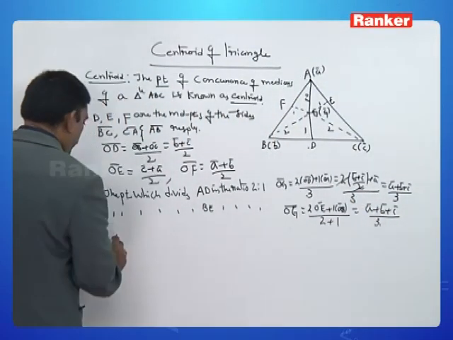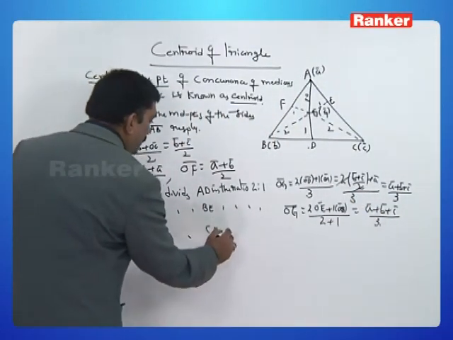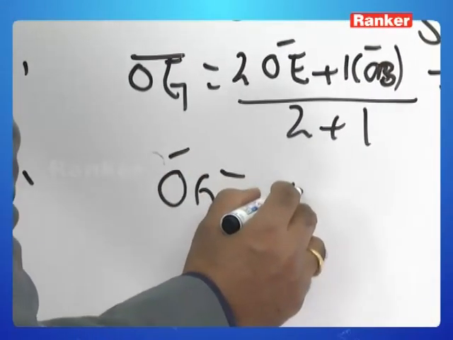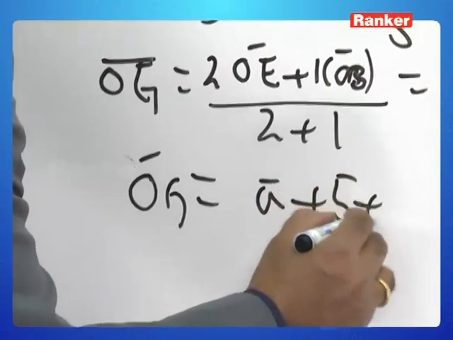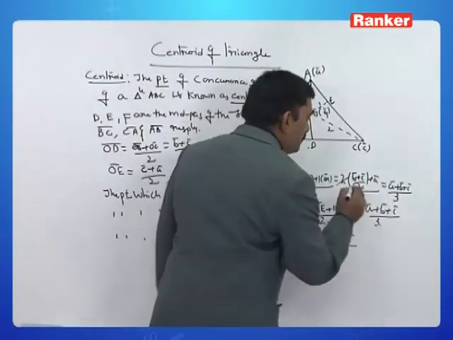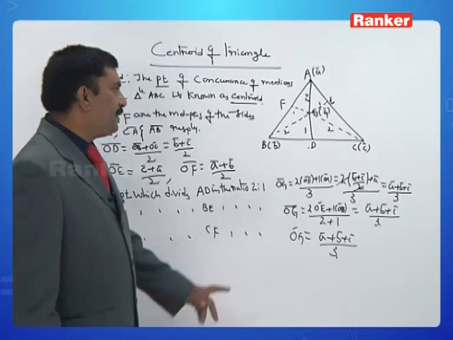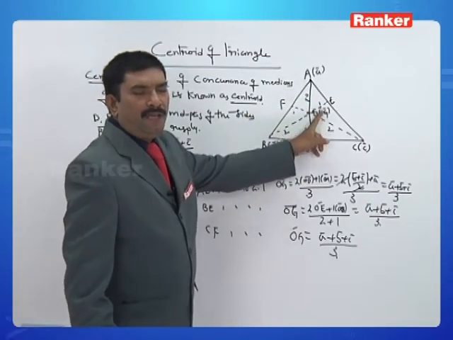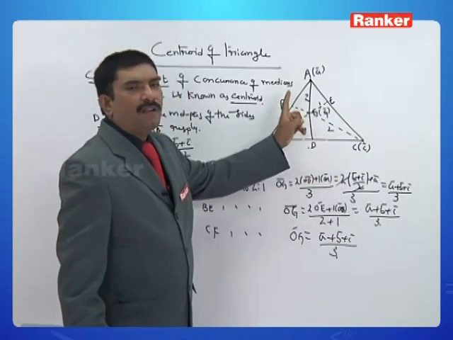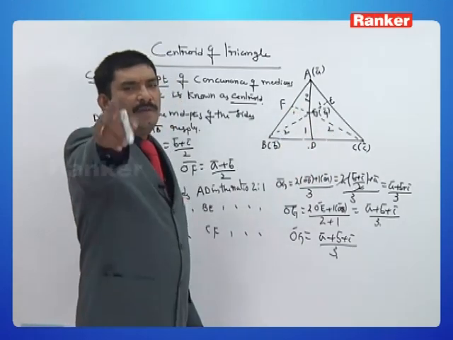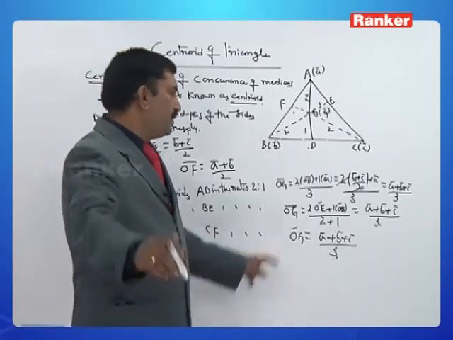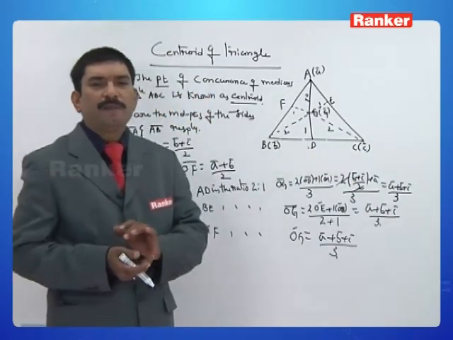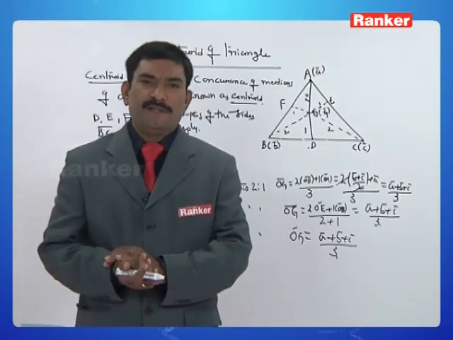So therefore the point on CF, OZ bar is once again A bar plus B bar plus C bar by 3. In the same fashion, it means that all the 3 lines AD, BE and CF are concurrent at the same point, that is Z, whose position vector is what? A bar plus B bar plus C bar by 3.